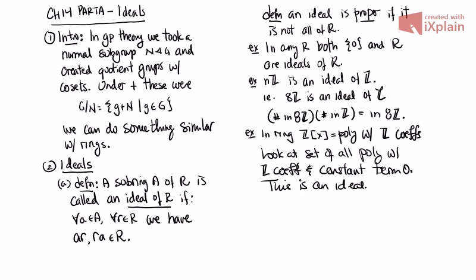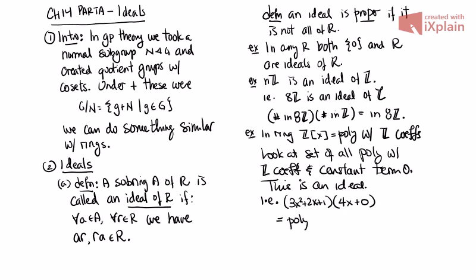Just to see that with an example, this isn't a proof, but if you take any polynomial whatsoever and you multiply by something with constant term 0, I'll put the 0 there just as a placeholder, when you multiply these two, the constant term will be 0.